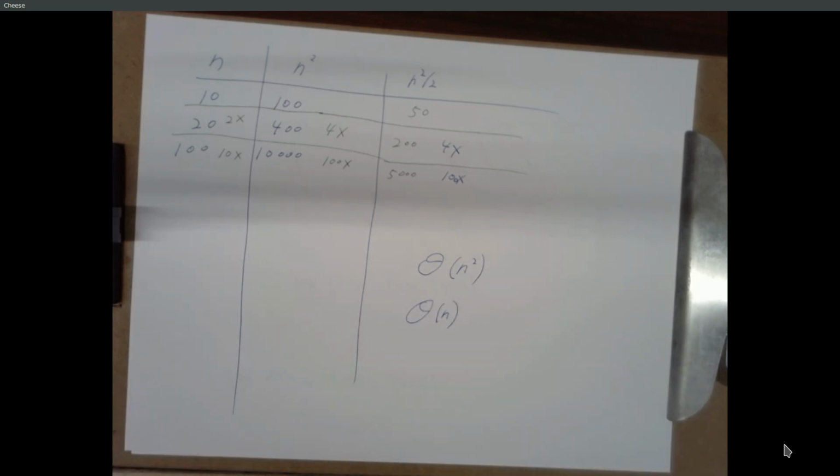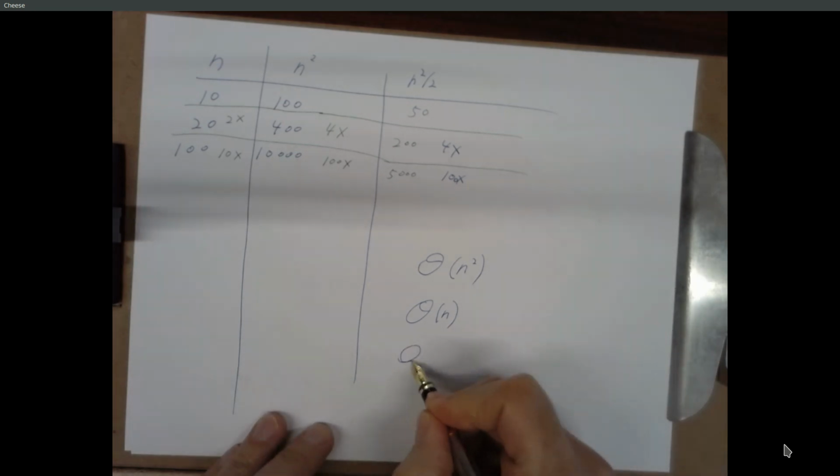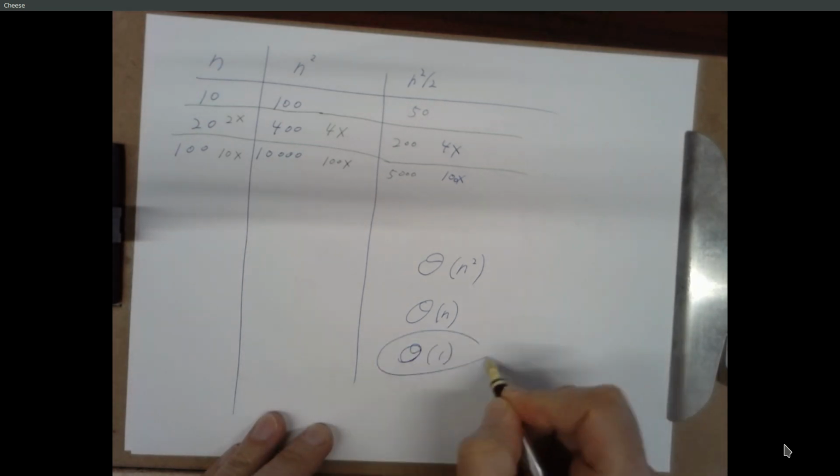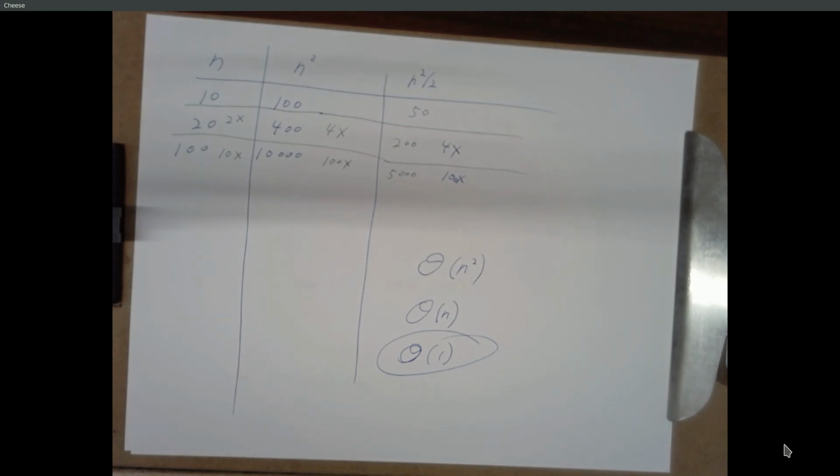Order n is really nice. That's linear. It means if you double the amount of data, you double the amount of time it takes. That's pretty nice. That's kind of an ideal that we rarely achieve. Order 1 is really utopia.